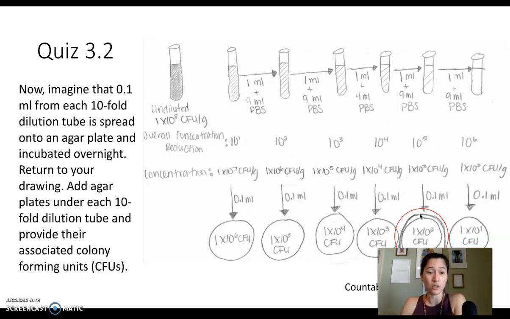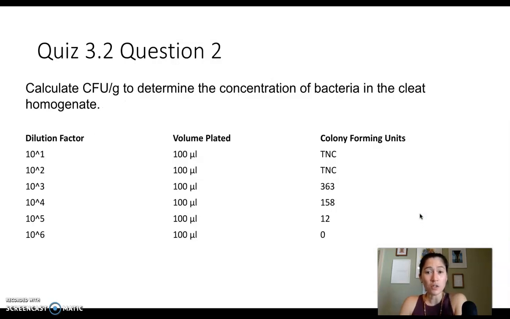So we want to first identify that countable plate and then use the information from that countable plate to do our back calculations. And that was what you were asked to do in question 2 here, which was that multiple choice question. So you were asked to calculate CFU per gram to determine the concentration of bacteria in the cleat homogenate. And you're given this different information here in the table: the dilution factors, the volume that was plated, note this is given to you in microliters, and the colony forming units.